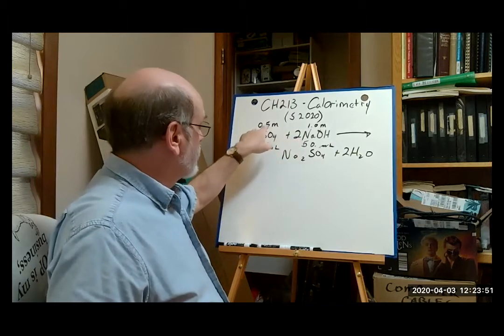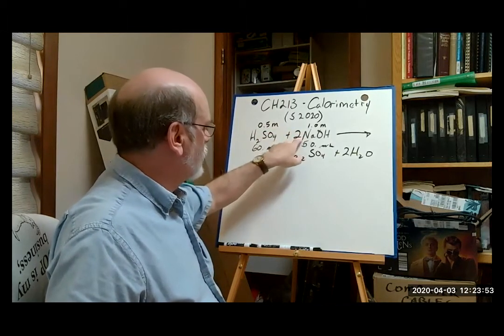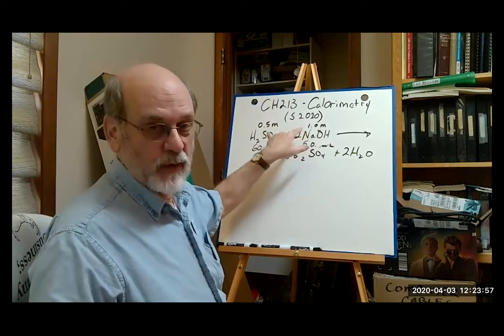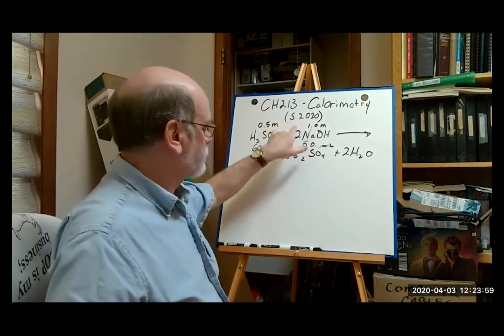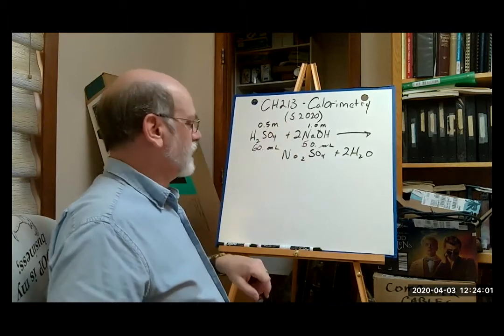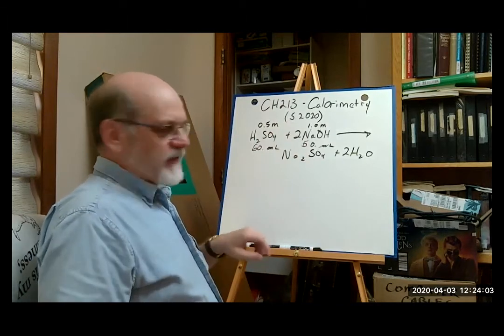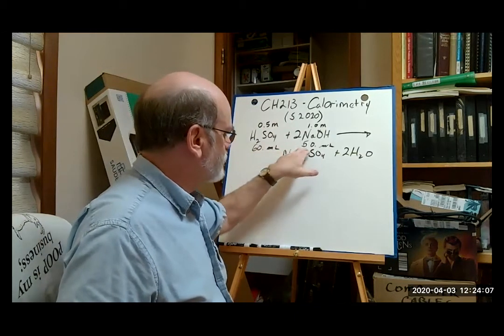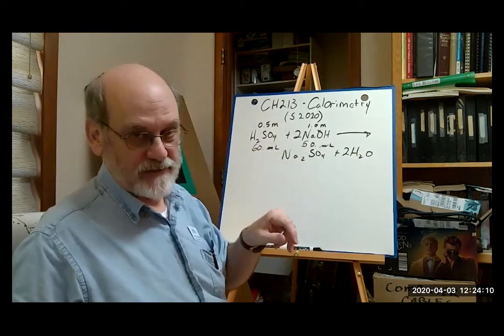So if we make this one half the concentration of that one, then if we put equal amounts of them together, they will exactly neutralize. But then the question is, why do we put 60 milliliters of this together with 50 milliliters of that?